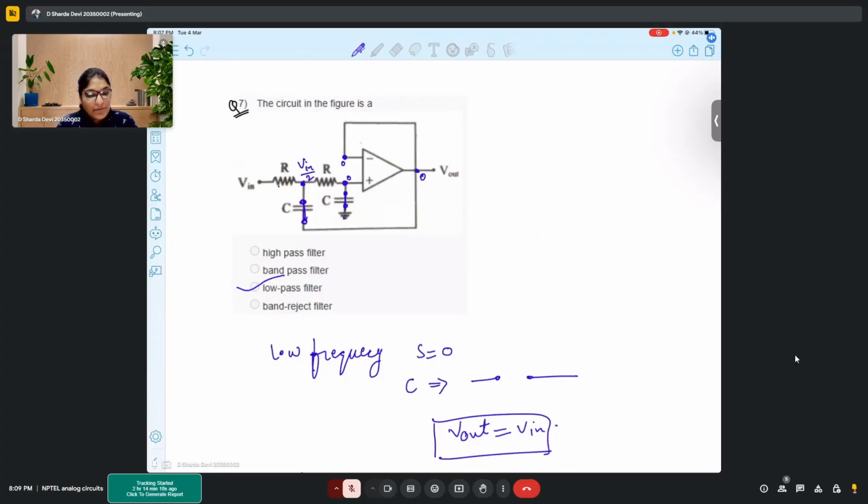If you want, you can find the transfer function also, using the capacitors. Why don't you try and calculate the transfer function? You would see that since it is a low pass filter, you will get a denominator with an s square factor.